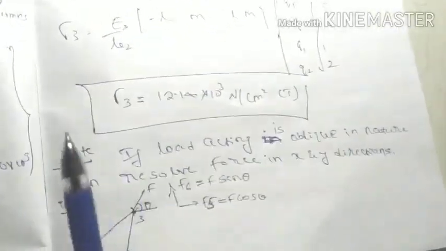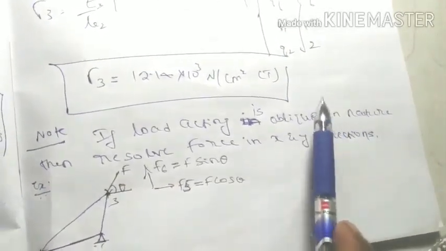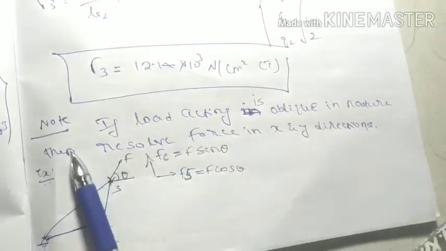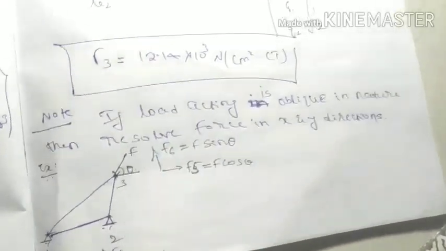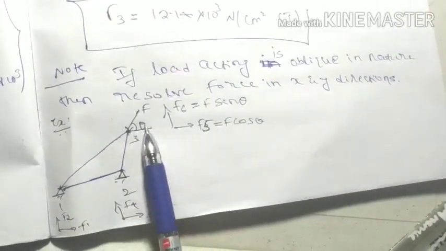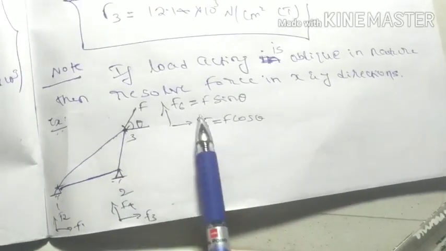There is a note I have given. Suppose the load acting is oblique in nature, oblique means inclined, then what do we need to do? The effect is in both directions, therefore we need to resolve the forces in x as well as y direction. For example, this is the structure given here, the load acts at an angle theta. So the effect of this F will be along the x direction and also along the y direction. Suppose here F1, F2, at node 2 F3, F4, and node 3 F5, F6.